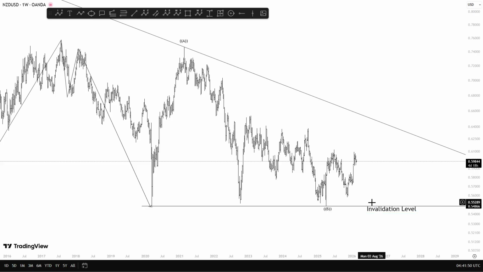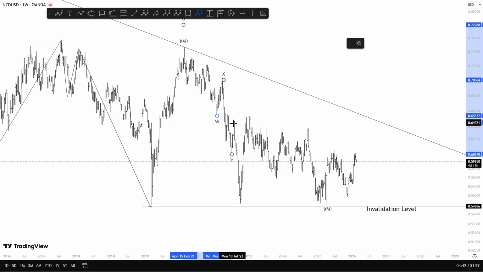And how do we have it as our B? We have a triple tree to the downside in here, which is A, B, C equals W, X, Y, X, Z.